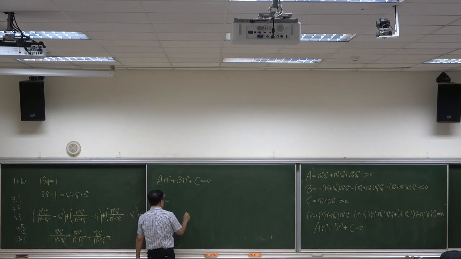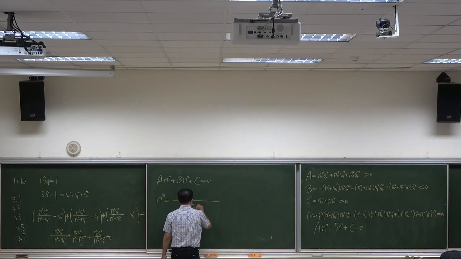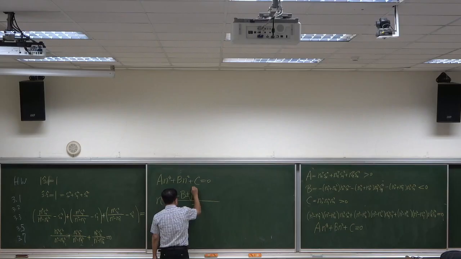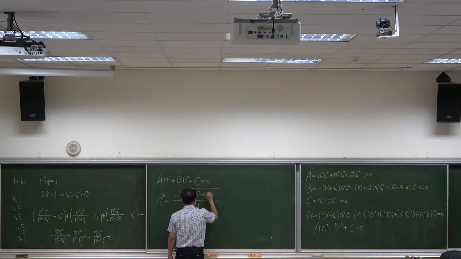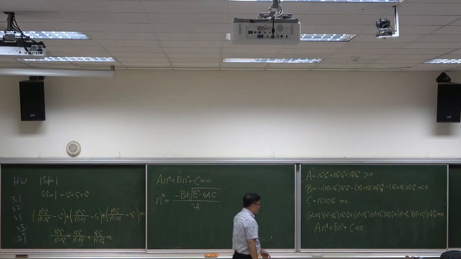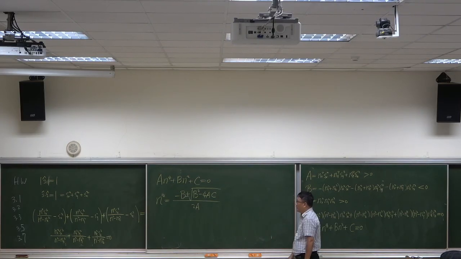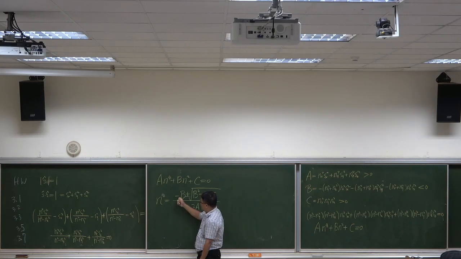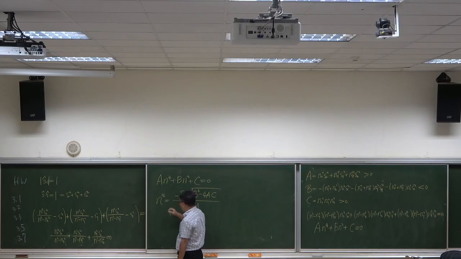N squared is equal to... here we know that since B is negative, minus B is positive.